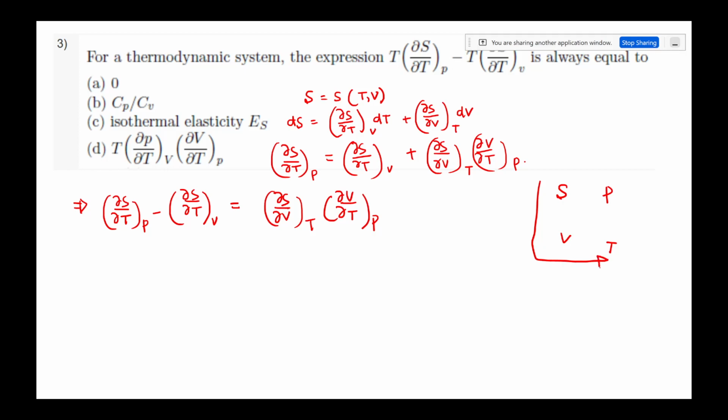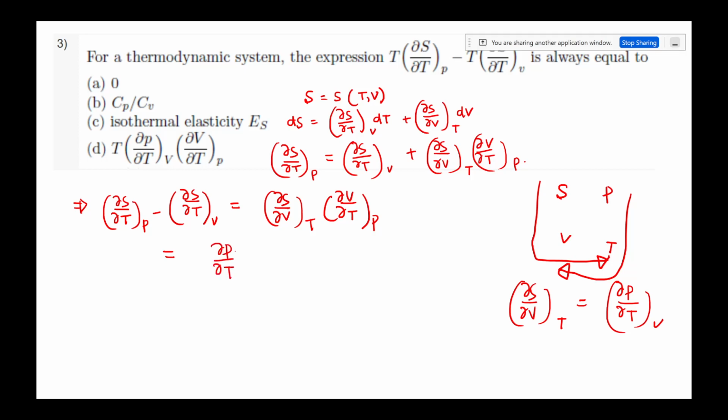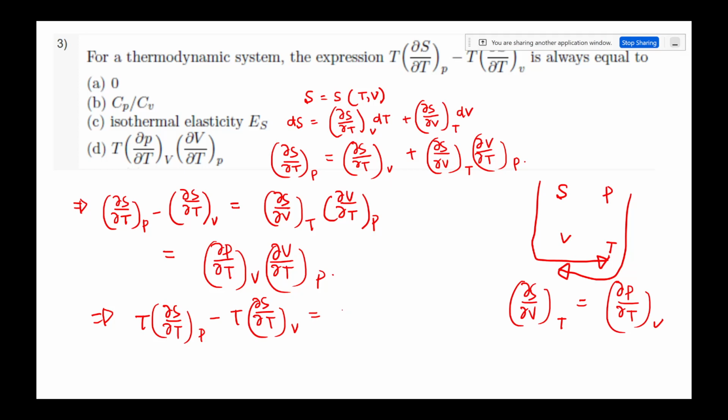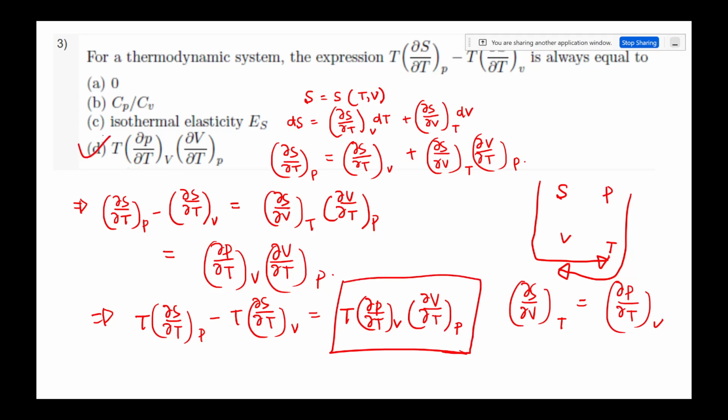Now using the same Maxwell relation, so SVT will be PTV. So (del S/del V) at T will be (del P/del T) at V, times (dV/dT) at P. So T (del S/del T) at P minus T (del S/del T) at V will be T (del P/del T) at V times (del V/del T) at P. So option D is the correct answer, right?